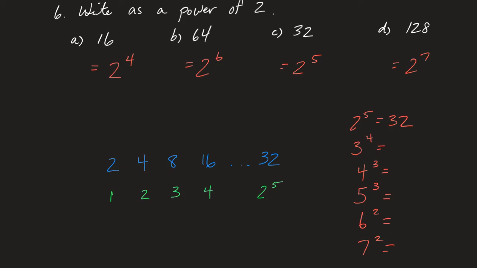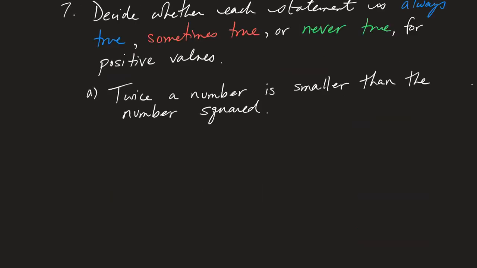Okay, I'm going to throw a bit of a weird one at you now. You guys take a look at problem 7. If you can read my messy cursive, problem 7 says, decide whether each statement is always true, sometimes true, or never true for positive values. And then you read problem A, and here's the statement: twice a number is smaller than the number squared.